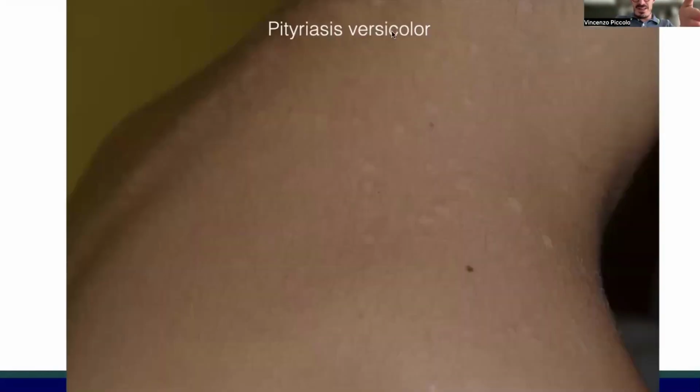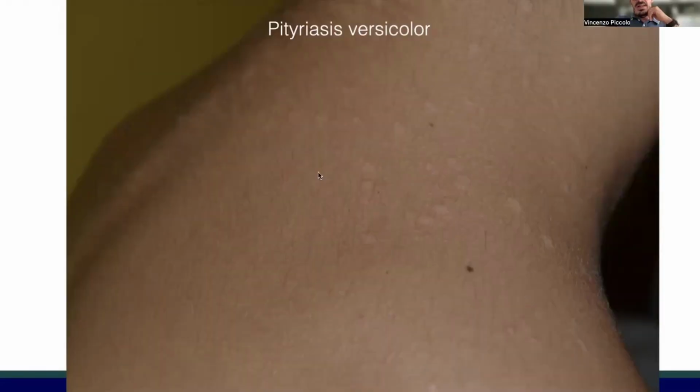Pityriasis again, but versicolor in this case, the consequence of the proliferation of Malassezia furfur or Pityrosporum on the skin of young patients. It can present with different colors, that's why it's versicolor: brown, pink or whitish lesions can be seen. A very thin scaling may be appreciated on the skin of our patients, and this is a very common and easy to treat condition, usually responding to topical and systemic treatment with antifungal agents.